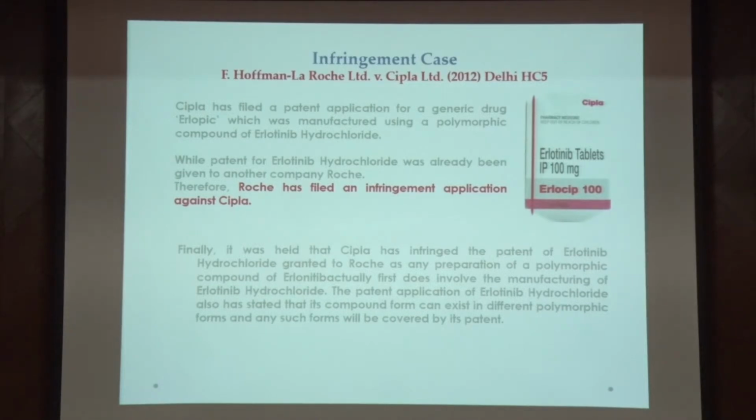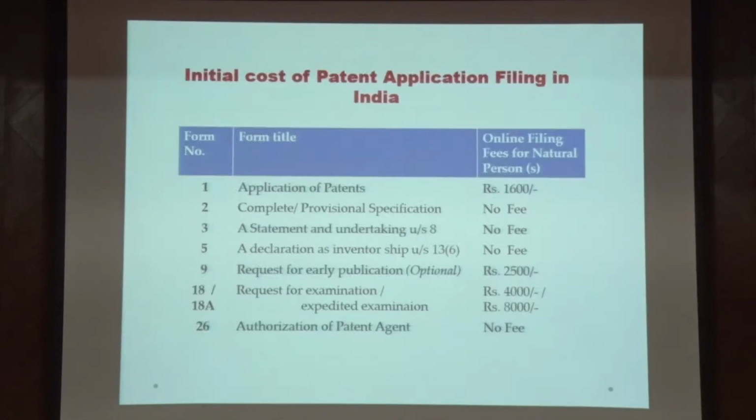They tried to establish that their product is something else, but ultimately it was seen that the two items are the same. That is the reason why Cipla was held to be infringing Roche's patent.